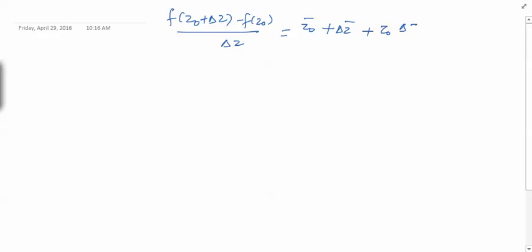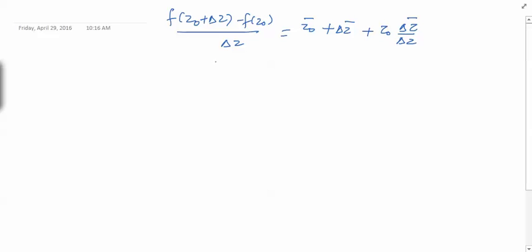So we have the following situation: f of z naught plus del z minus f of z naught divided by del z is equal to z naught bar plus del z bar plus z naught into del z bar upon del z, right?